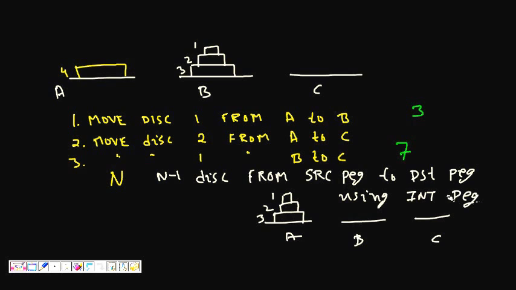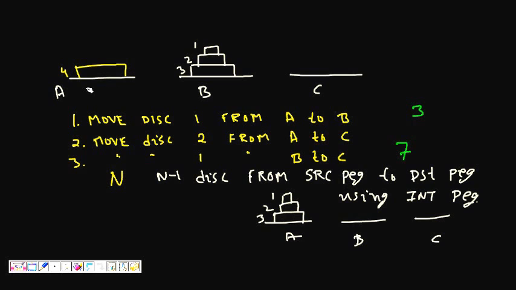That thing I already know. So that's what I did. I moved n minus 1 disks, which is 3 disks, from A, the source, to B, the destination, using C as the auxiliary or intermediate peg.